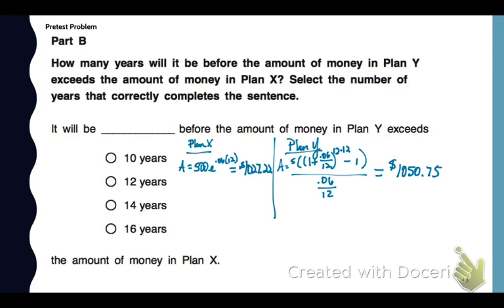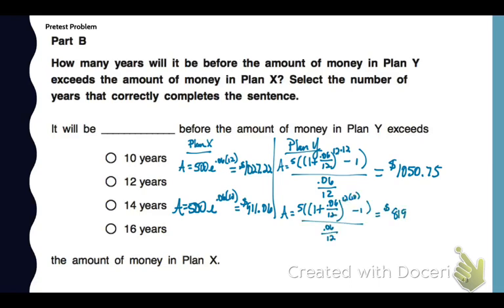So just to be sure, I'm going to go back and plug in 10 years to compare the amounts at that point. Well, you can see for Plan X, it's $911.06, and for Plan Y, it's only up to $819. So it looks like at 12 years, that is when Plan Y would exceed Plan X of those choices.